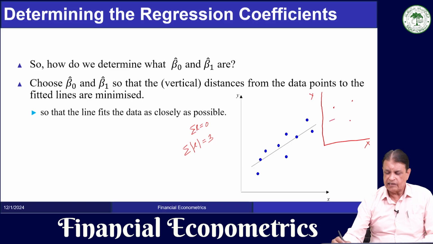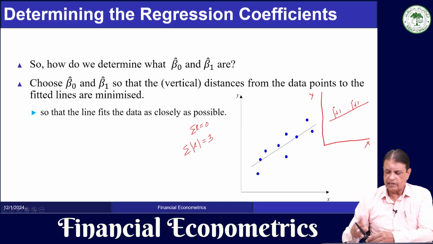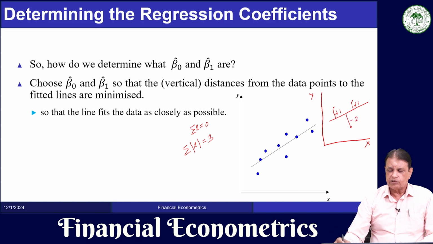So we have fitted this line, this is plus 1, this is also plus 1, and suppose this line is a little bit far, so that it shows that the distance is more. So this distance is minus 2. So this is our line A.